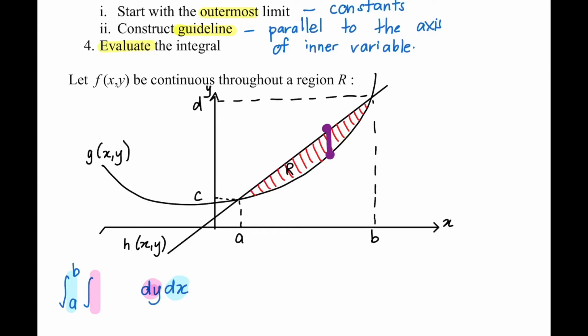Now, if you look here, our lower limit is on that curve, and that curve is our function g. So let me just put here, our lower limit is of function g. And our upper limit here is on that straight line, and that straight line is function h.